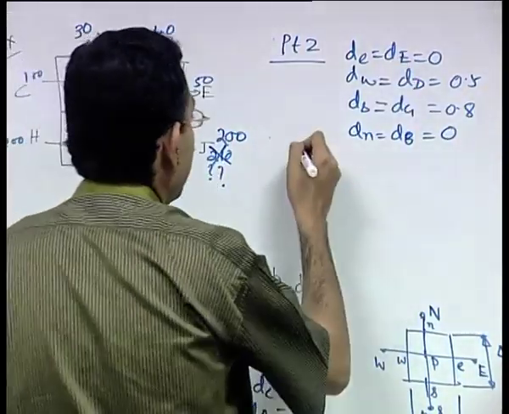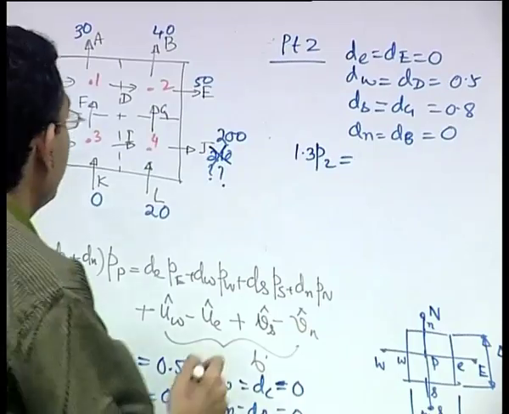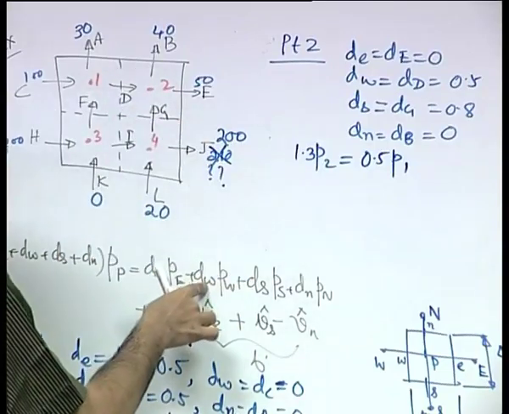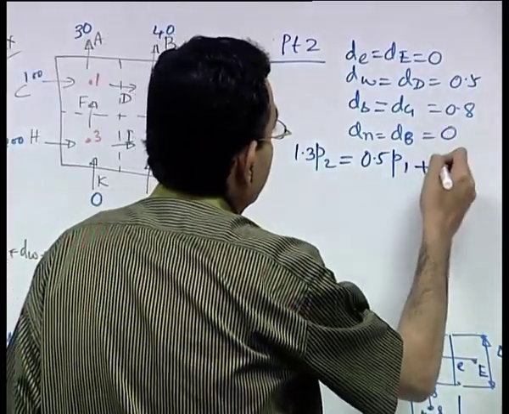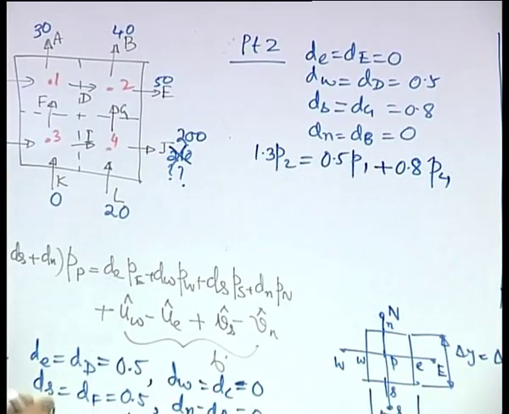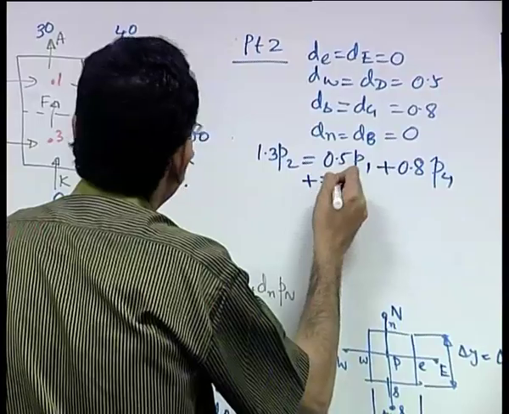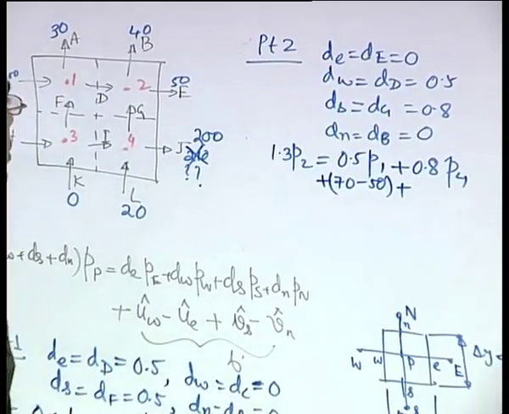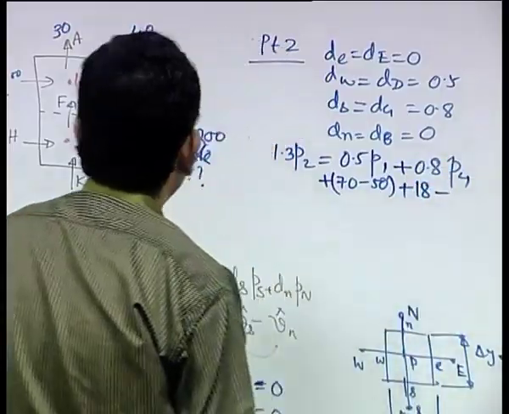So 0.8 plus 0.5, that is 1.3 P2, is equal to 0.5 P1, the W grid point is 1, the corresponding D is 0.5 P1, then 0.8 P4, plus UW hat, that is UD hat, that is 70, minus UE is 50, UE hat is 50, plus VS is VG hat 18, minus 40.